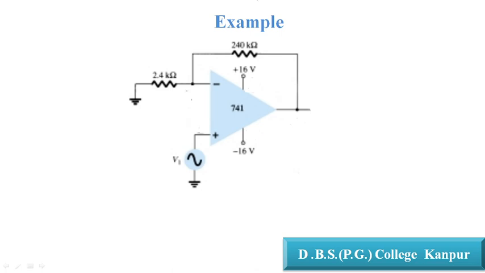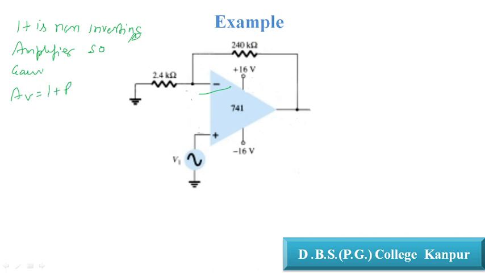So the gain of this, Av, is 1 plus RF upon R1.